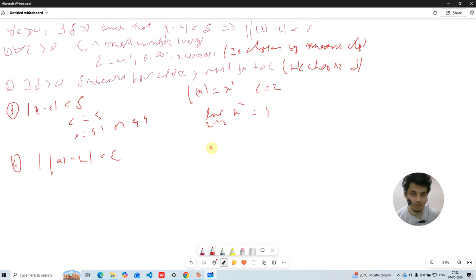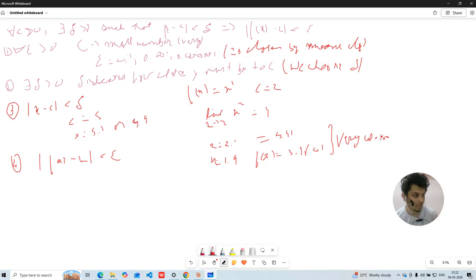If I say x equal to 2.1, then it becomes 4.41, and x equal to 1.9, so f(x) becomes 3.61. Very close.